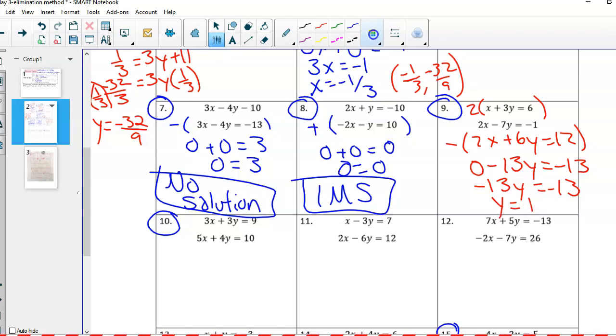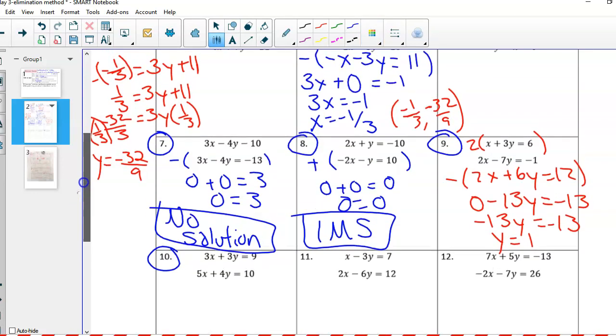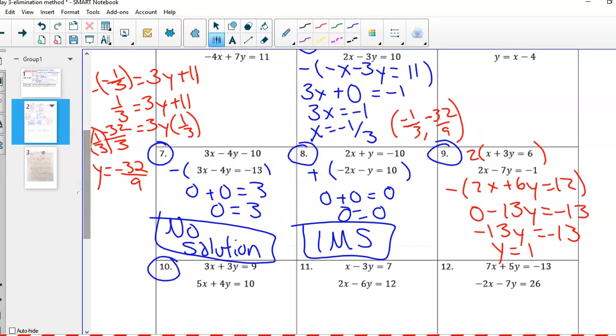And now we can put that back into any of these, either one of the originals or the new one. Which one do we want to put it back into? The original. Alright, so now put 1 in here.